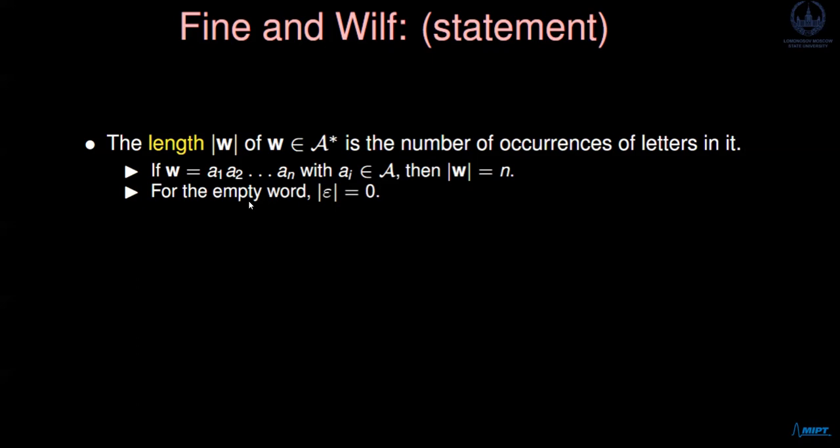So the absolute value, or length, of epsilon is 0. This definition of length is fundamental as it allows us to measure and work with words of varying sizes in combinatorics.